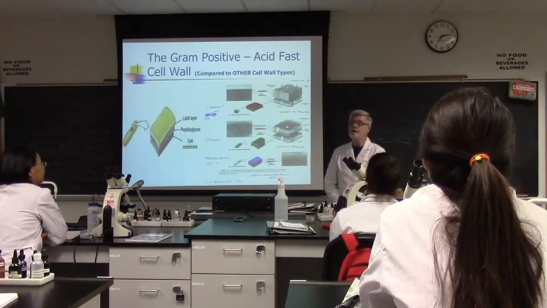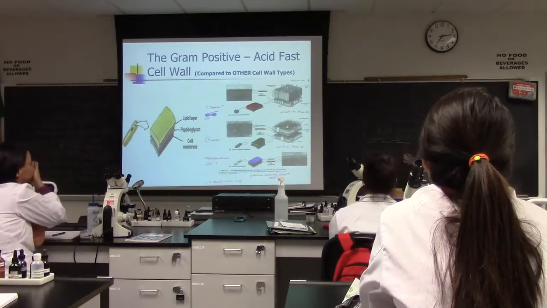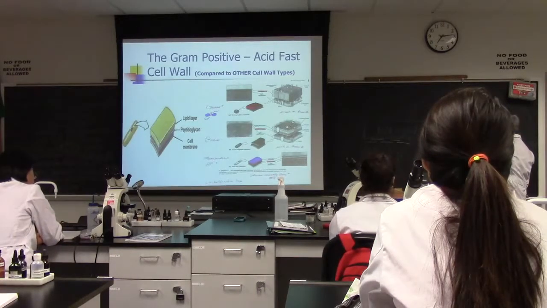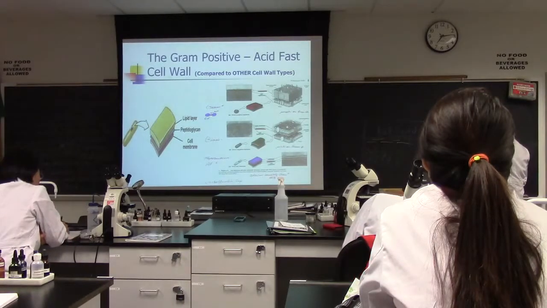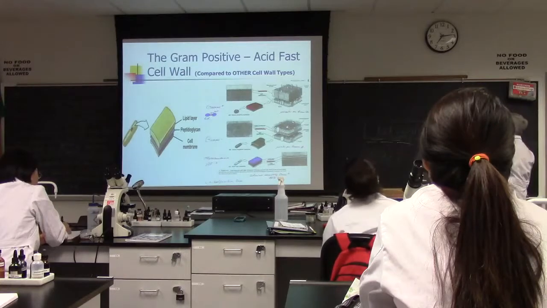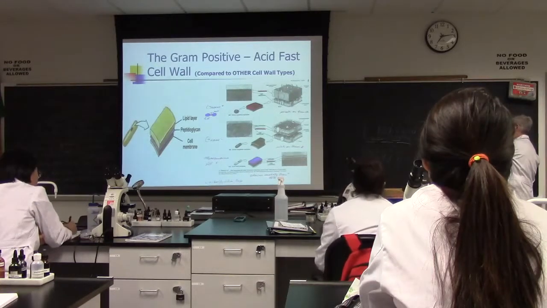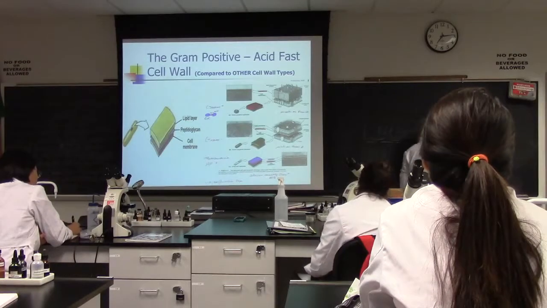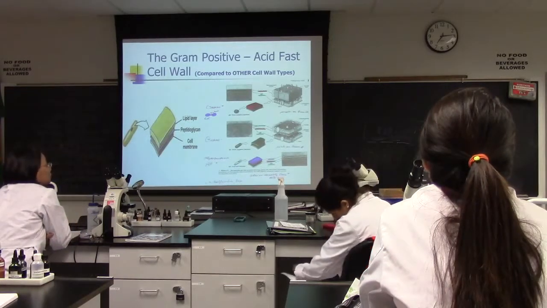That's why the Mycobacterium and Nocardia that have this fat layer stain gram-positive. Why? The crystal violet is dissolved in alcohol and water.